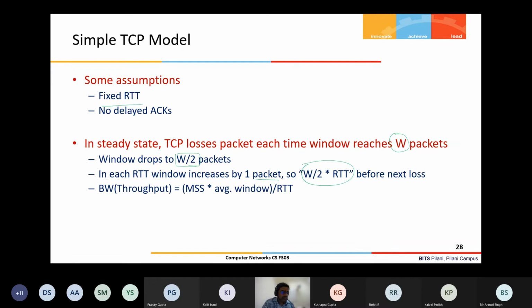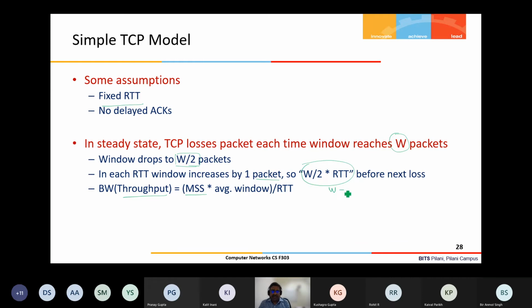So the bandwidth grabbed by this TCP connection, or the throughput, because both have the same unit, so we can use both terms interchangeably, is equal to the maximum segment size, whatever the segment size is, multiplied by the average window, divided by RTT. And what is my average window?